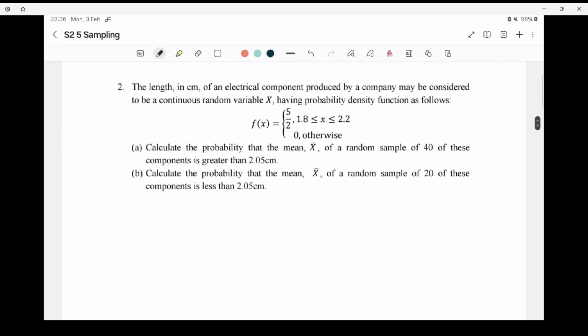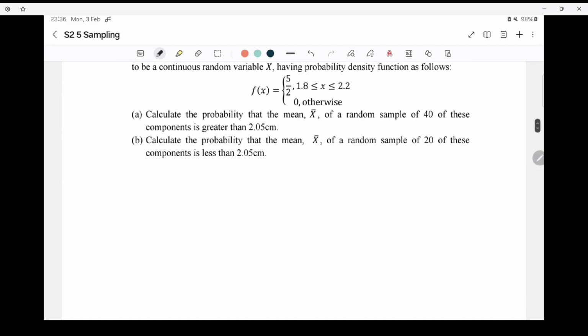Question 2. You have the length of an electrical component produced by a company. So you have a probability density function. Calculate the probability that the mean of 40 samples is greater than that value, and then the second part will be the mean of 20 samples is less than that value. So first thing first, you need to calculate your mean.